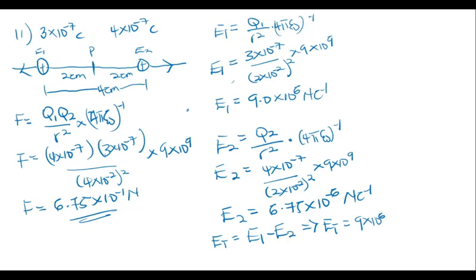Oh, sorry, this is supposed to be positive, not negative. This is positive. All right, so we subtract 6.75 times 10 raised to the power 6. So our E total will be equal to 2.25 times 10 raised to the power 6 Newton per Coulomb.